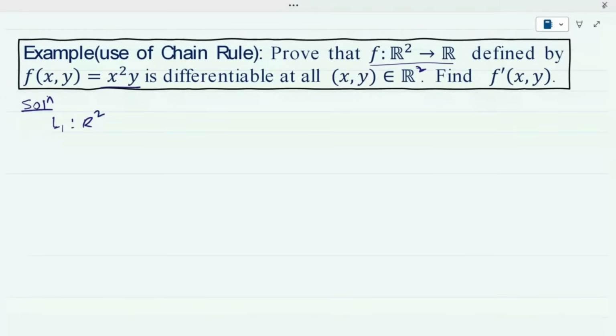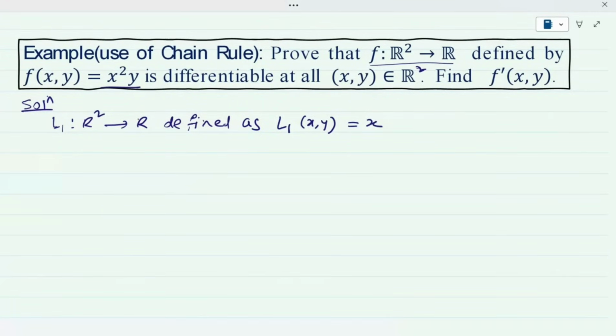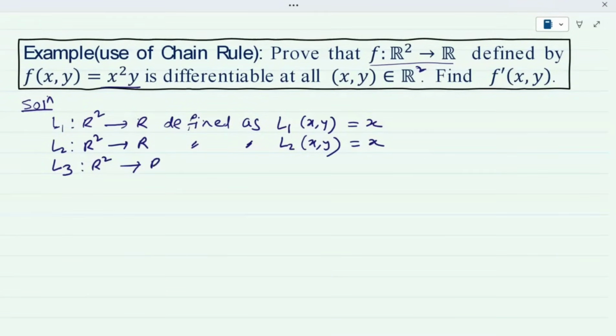Solution. Define L1 from R2 to R as L1(x, y) = x, and then L2 from R2 to R as L2(x, y), which is again x, and then L3 from R2 to R defined as L3(x, y) = y. Then f is equal to L1 multiplied by L2 multiplied by L3.